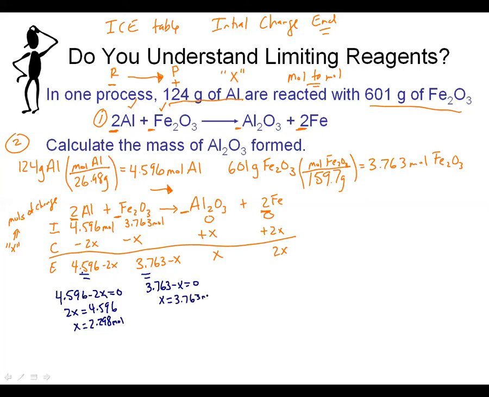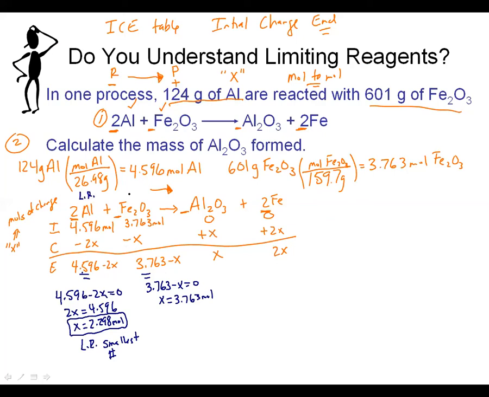What these two little calculations are doing for us is allowing us to figure out which one's the limiting reagent. The limiting reagent will be the smallest number. In this case, this number right here is our limiting reagent. So the aluminum in this reaction is our limiting reagent.